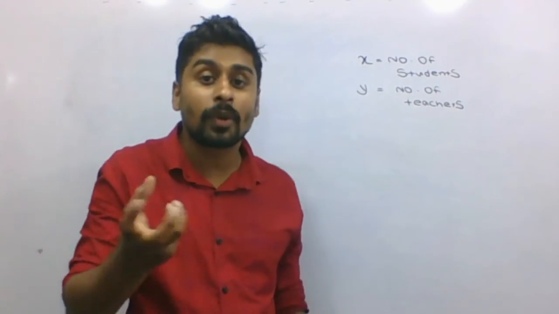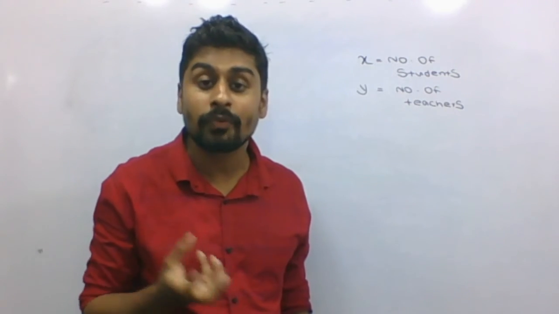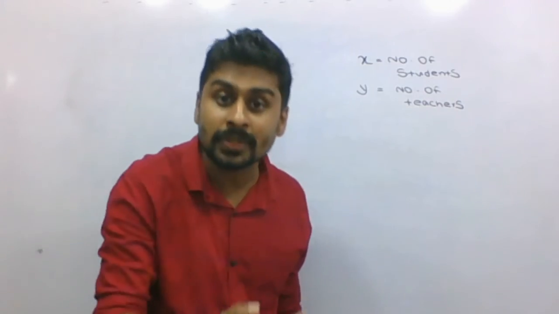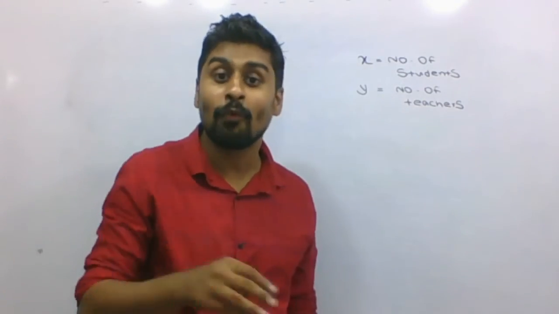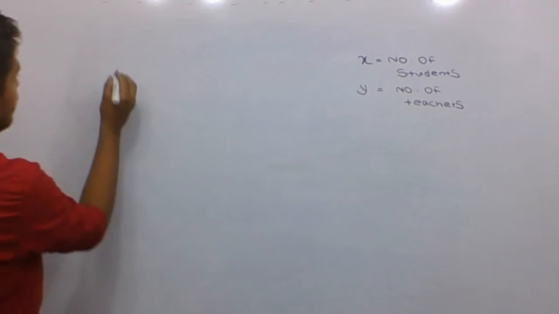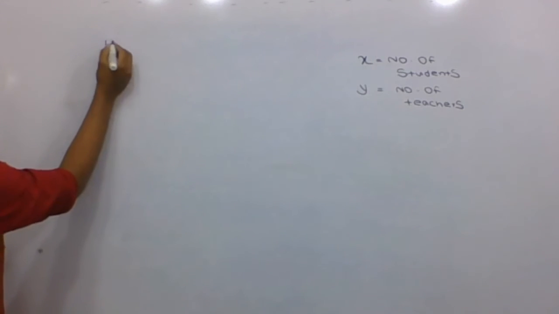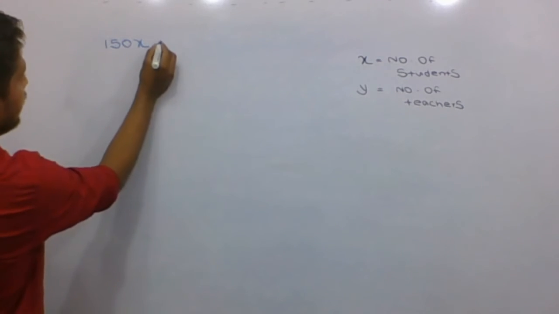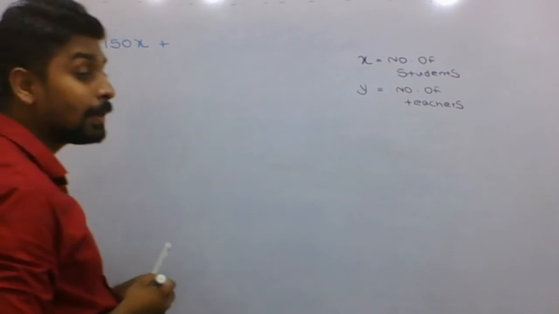To find the total income from the students: 150 from one student multiplied by the number of students x, so 150x. Then plus the teachers' amount.